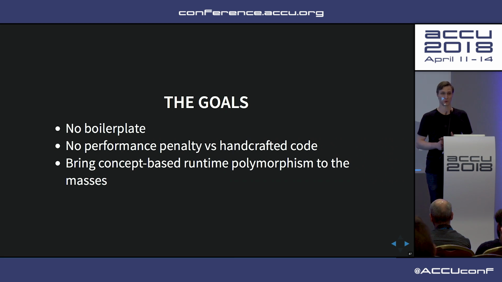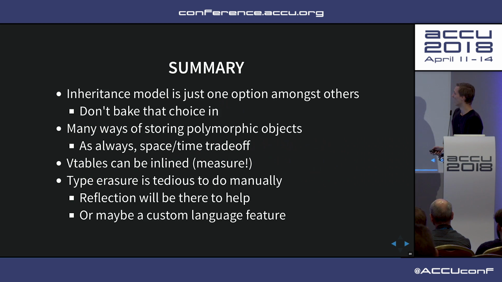I really want this to happen, because at least in my experience, these gigantic class hierarchies are just a mess. They're really difficult to work with, and I'm tired of that, because we have better solutions. It's just that they're too hard to implement, so nobody uses them. So I think we can make a lot of progress in that area, and I think it would be a very large service to the C++ community.